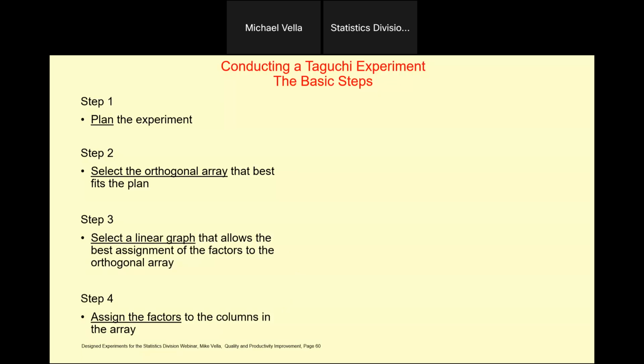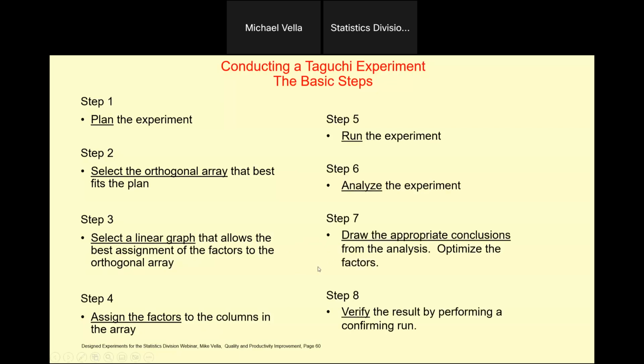Select a linear graph that allows the best assignment of the factors to the orthogonal array, and then assign the factors to the columns in the orthogonal array. Run the experiment, analyze the experiment, and draw appropriate conclusions from the analysis. Determine which factors at which levels really drive the process, and then verify the result by performing a confirming run.